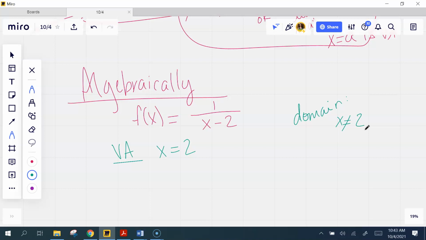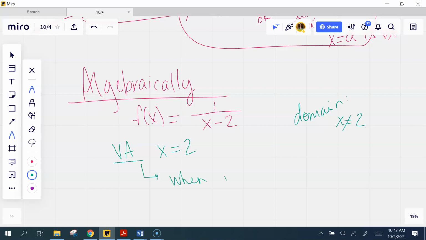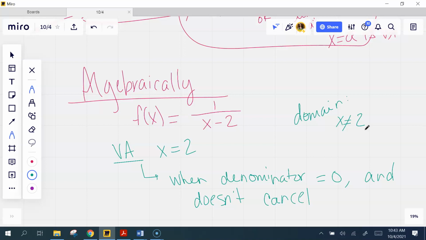So here, how do I tell that this is a vertical asymptote? What we do is vertical asymptotes happen when the denominator equals 0, this is what we call a non-canceling term, okay?